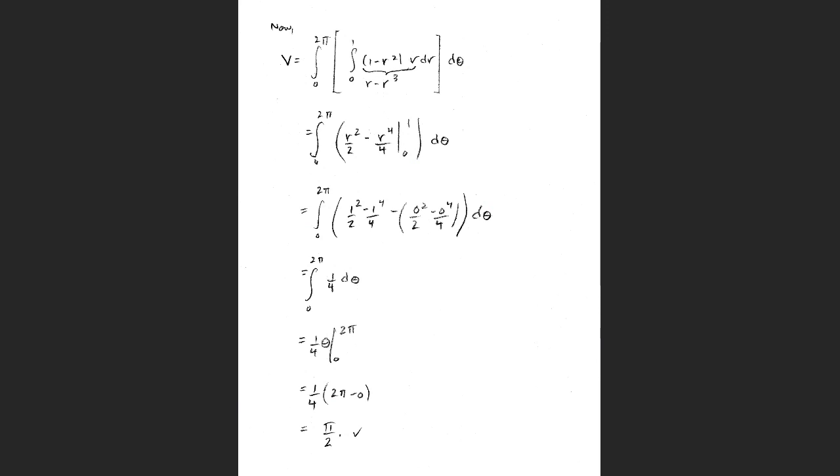I'll distribute the r into the 1 and into the r squared, and you just work it out. And in the end, you're going to get pi over 2.